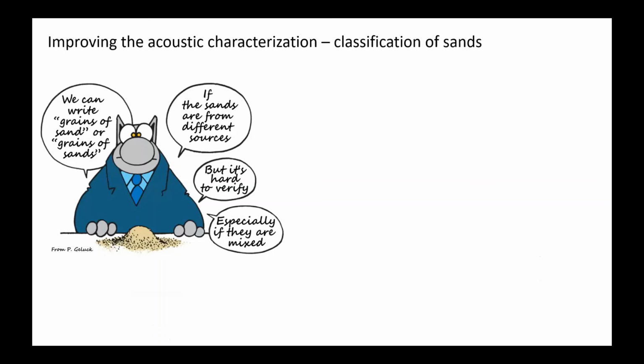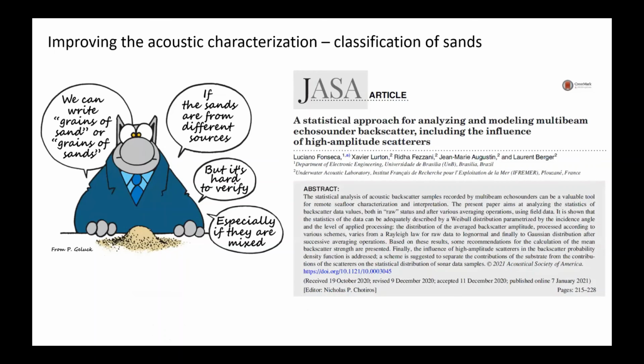Sand, for a large part of people, sand is sand, but for us, sand is not sand. We have many sands. And yet the backscatter, just as it is processed now, allows us to classify the sand in, let's say, two, at least three categories. The publication of this paper is very interesting.